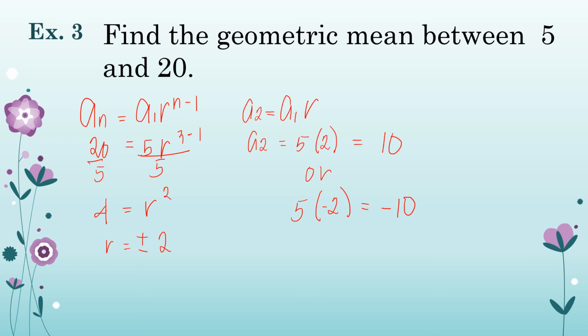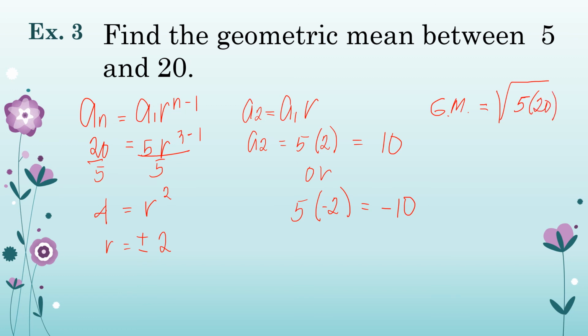But is there another way to do this instead of using this formula? Yes. So the other way to get the geometric mean between two terms is simply to get the square root of the product of the two terms. So that is the product of 5 and 20.